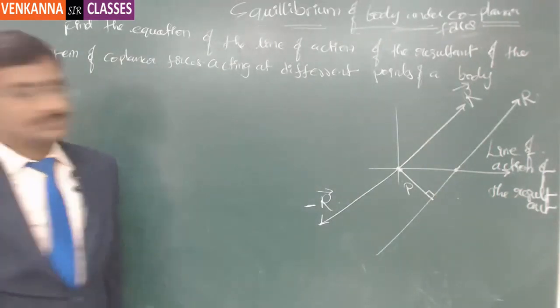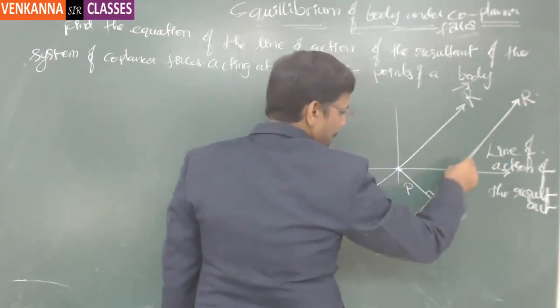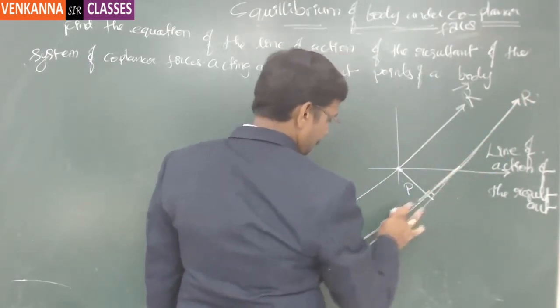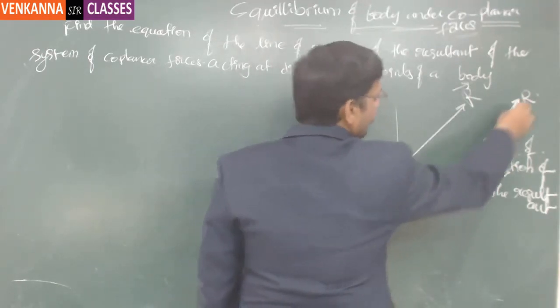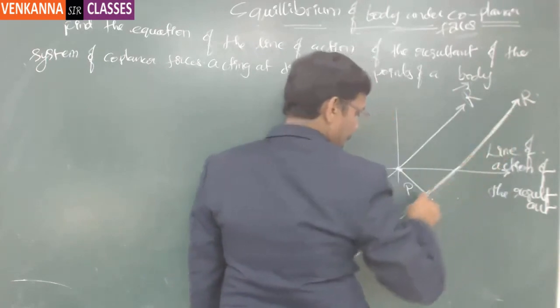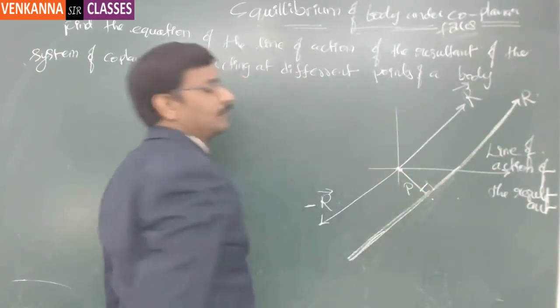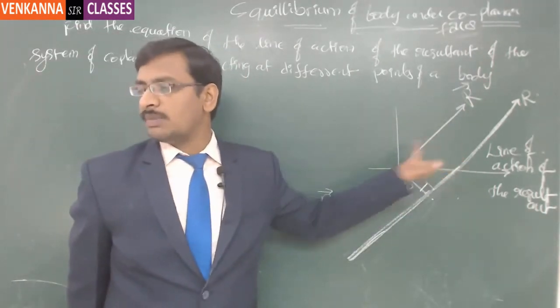So this is the perpendicular distance P. Then the moment of your force is nothing but the force multiplied by the perpendicular distance.